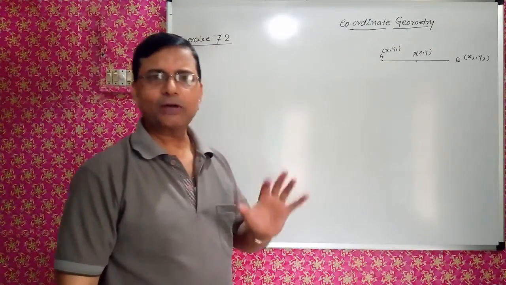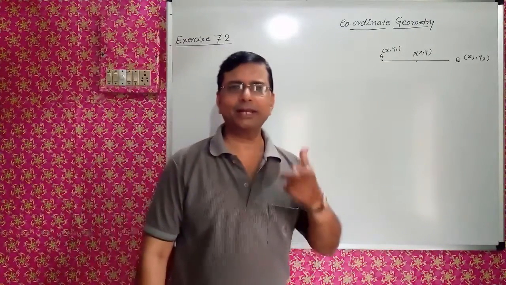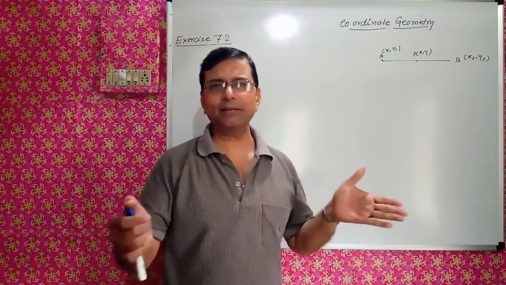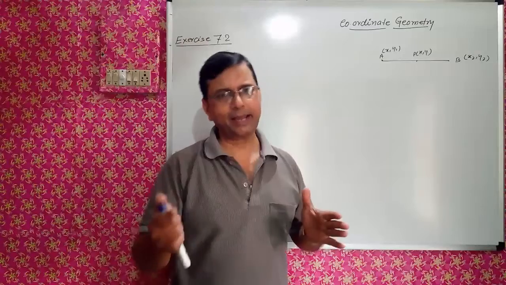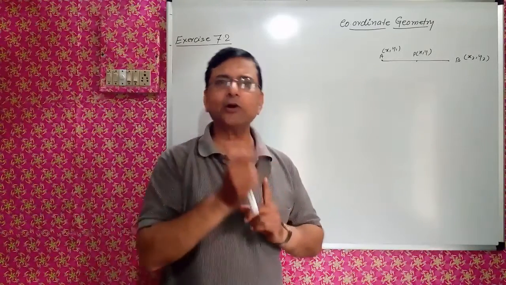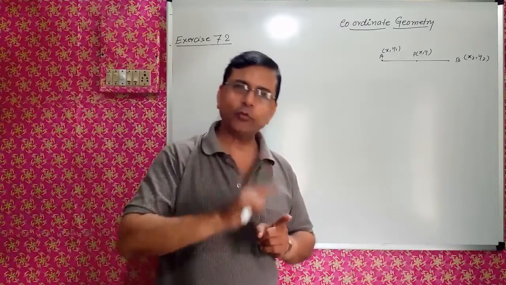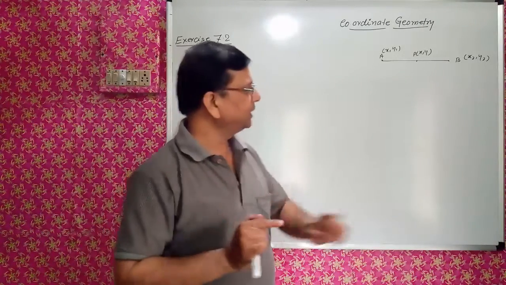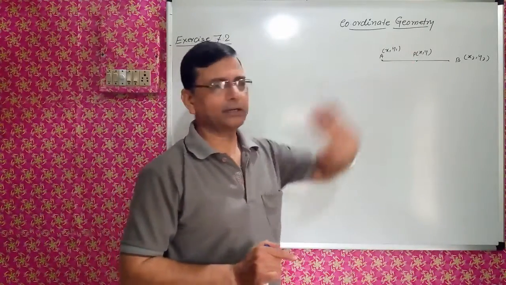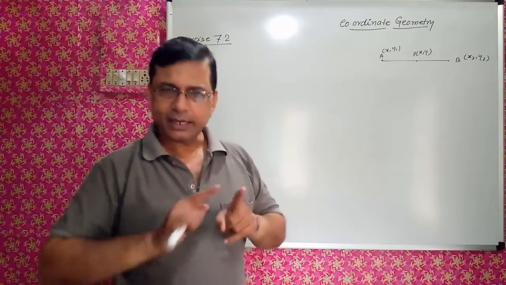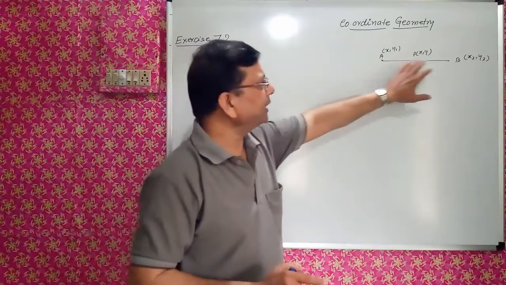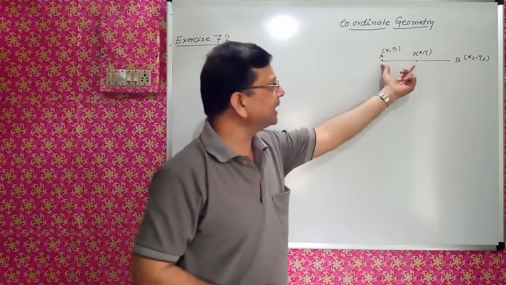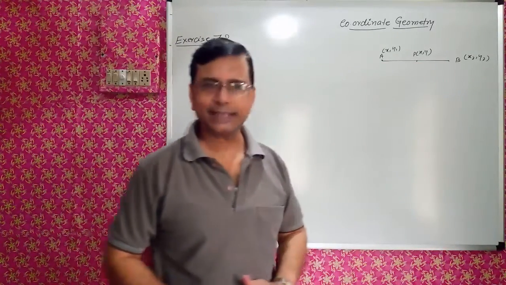I will write the formula for midpoint of a line segment. Till now we have seen that line segment is divided in the ratio of m1 and m2. Then what is the coordinate of the point which divides this line segment in the ratio of m1 and m2? Here, if it is the midpoint, means what? Ratio m1 is to m2 is equal to 1. It is the midpoint, so this length and this length both are same.